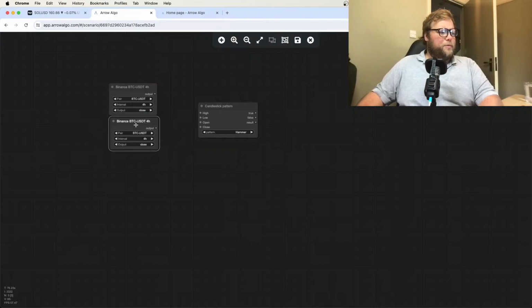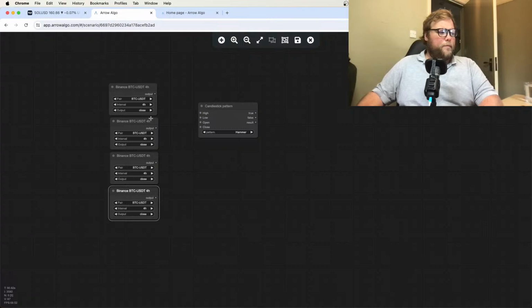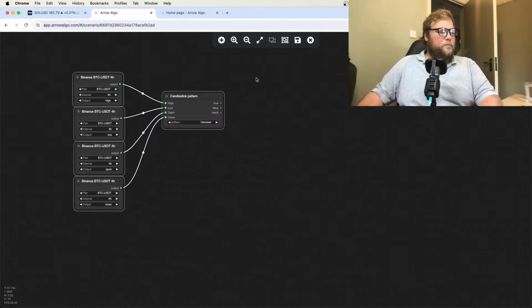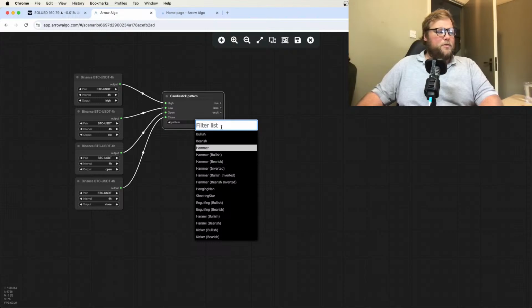I can clone that to duplicate it, and we're going to set each of these data watches to the high, low, open and close. So we can have this indicator look for any type of candlestick pattern based on the incoming data.